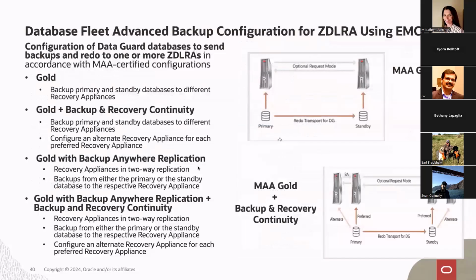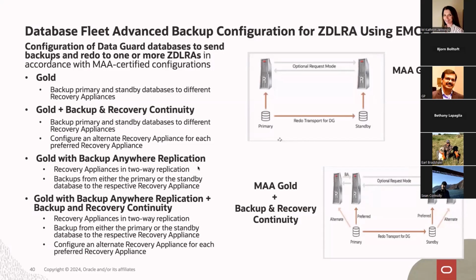One of the most advanced configurations that we see is where we have primary and standby databases. We want to make sure that we back up all the databases, even the primary and the standby. Since we have different data centers, there is a recovery appliance in each data center, and the standby needs to be backed up to the recovery appliance.